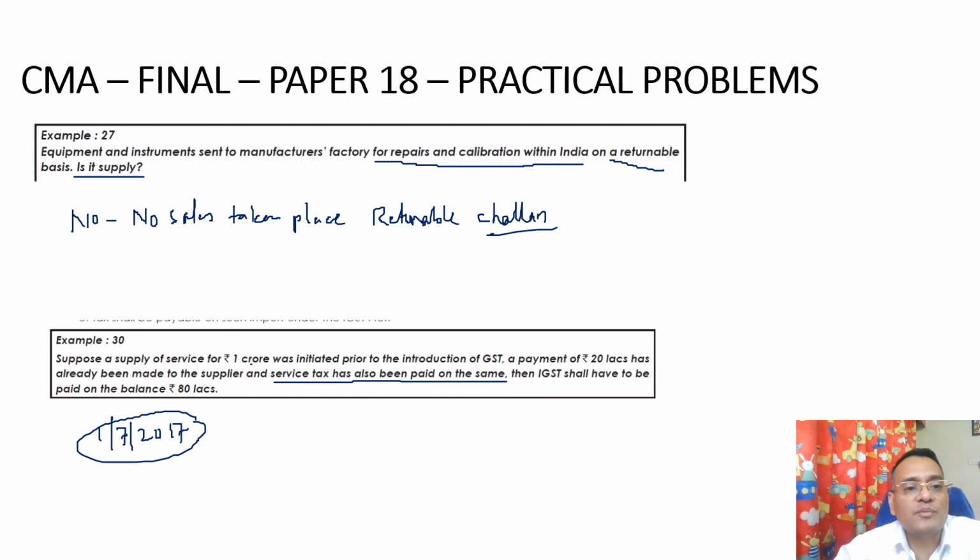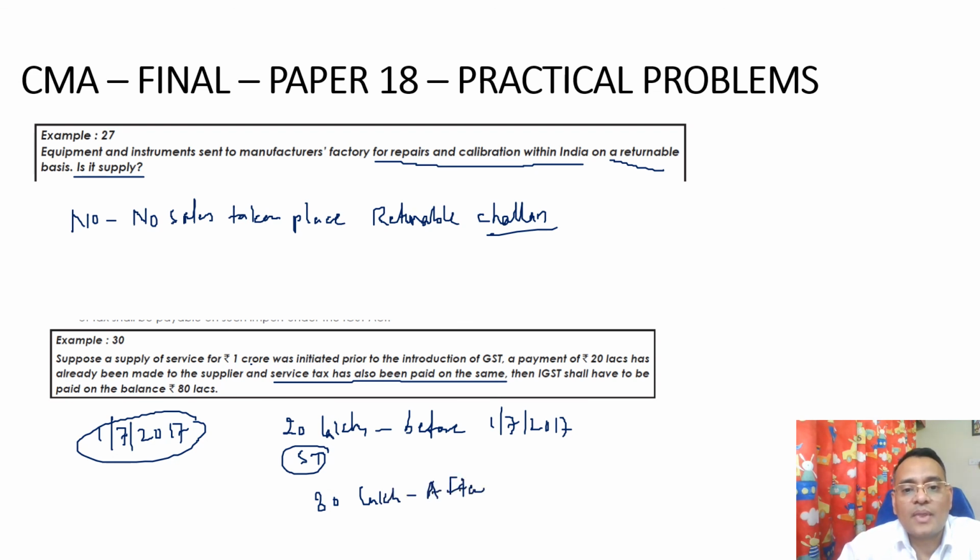Then IGST shall have to be paid on the balance amount of rupees 80 lakhs. The 20 lakhs was paid before 1/7/2017 and service tax is also paid. The total contract is for 1 crore. So 80 lakhs is after 1/7/2017. So IGST is required to be paid in this case.